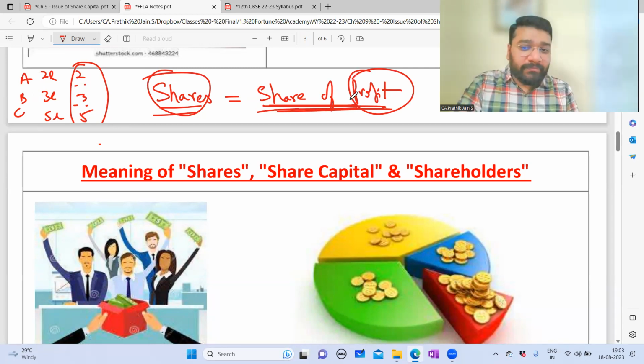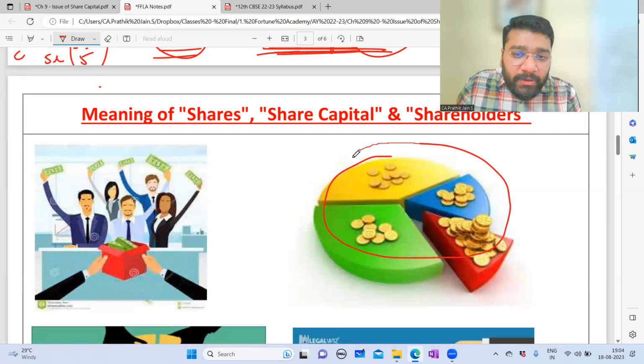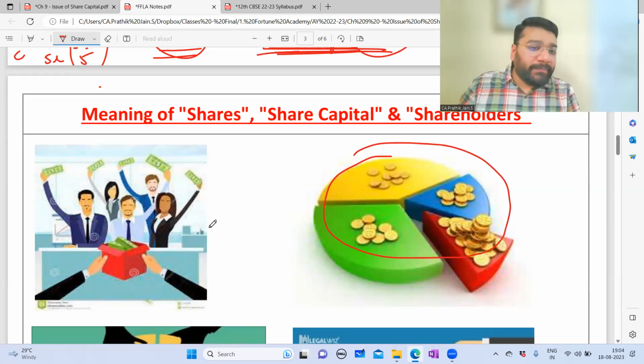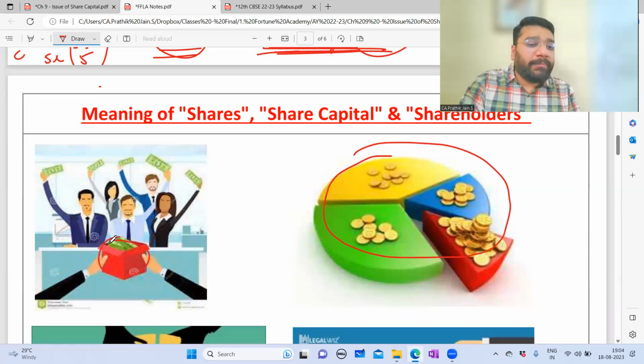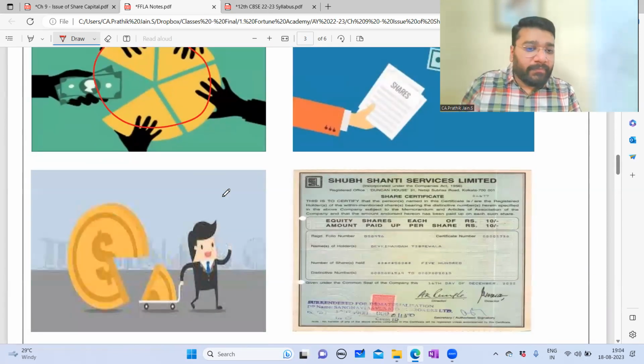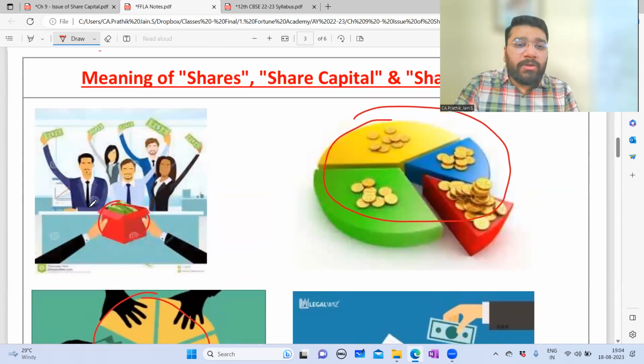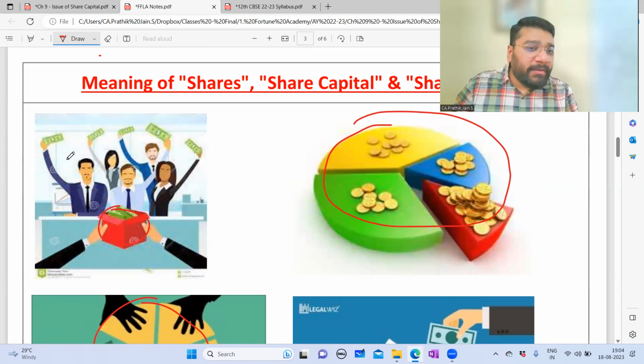I'll explain it. If you see this circle, this is the total capital of the company. In all these diagrams, you will commonly observe that there is a group of people, 1, 2, 3, 4, 5.